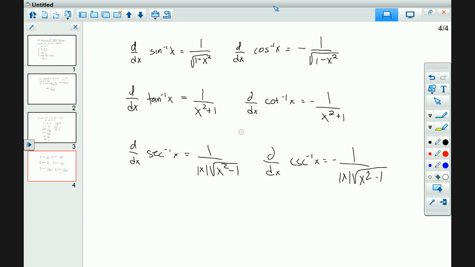Again, if you memorize 3 of them, the others are just the negation of it. Most likely, you would have this as a chain rule problem. You'd see one of these on the test and be asked to use the chain rule. You have to know this, and you have to use the chain rule.